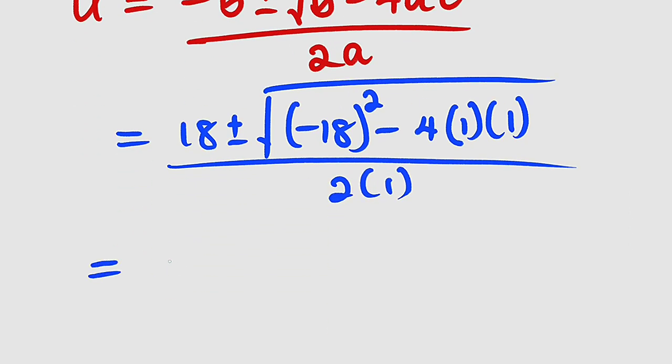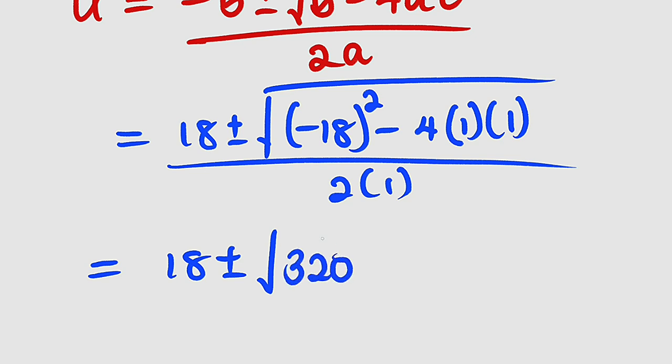So this is equal to 18 ± the square root of (−18)², which is 324, minus 4 times 1 times 1, which is 4. So 324 minus 4 will give us 320.